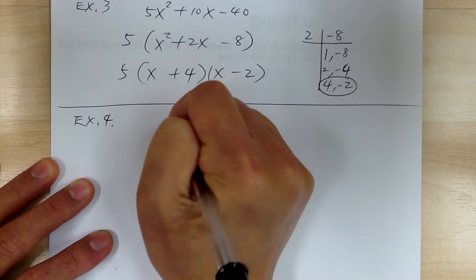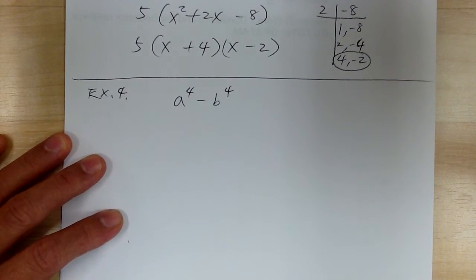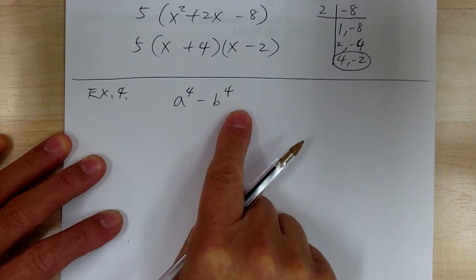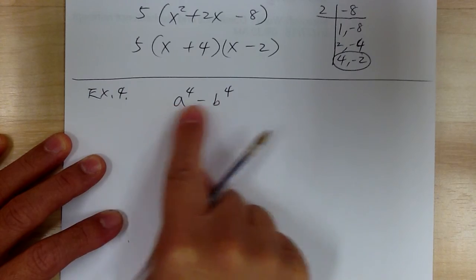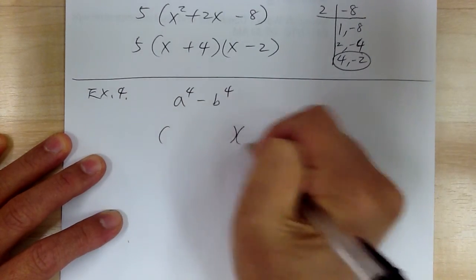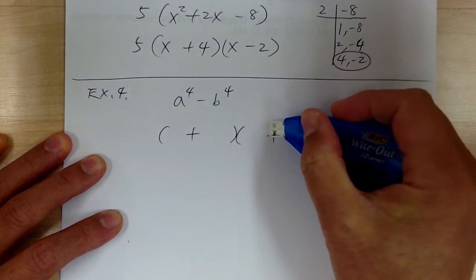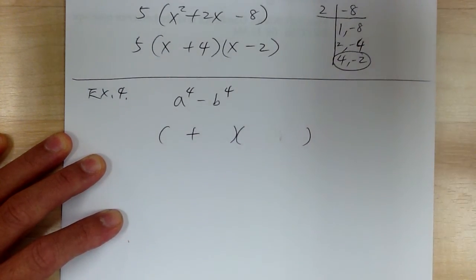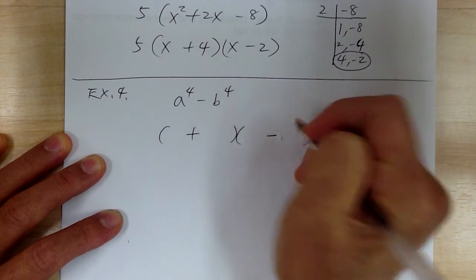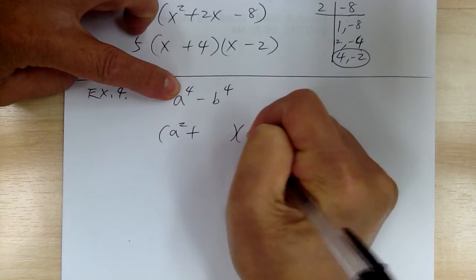Okay, let's go to example 4. You have a to the 4 minus b to the 4. Step 1, common factor, cannot. Step 2, special factor. Yes, this is a square minus a square. Again, when the exponent is even, it's a perfect square. To get a to the 4, you need a squared and a squared.